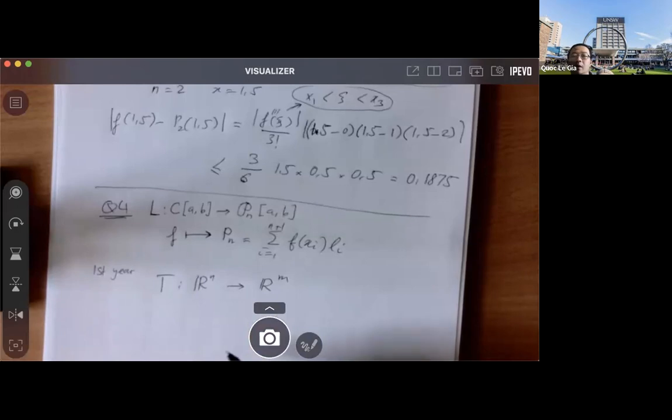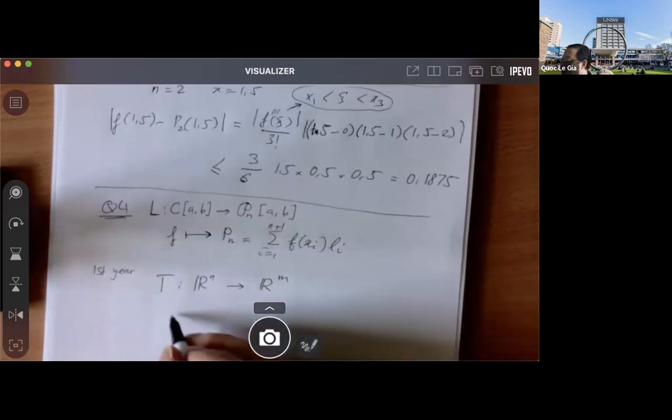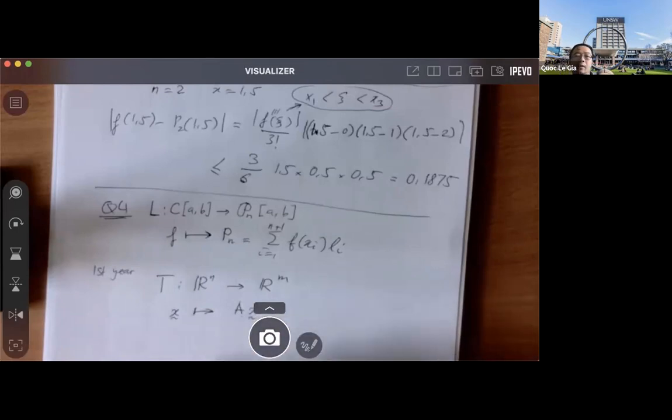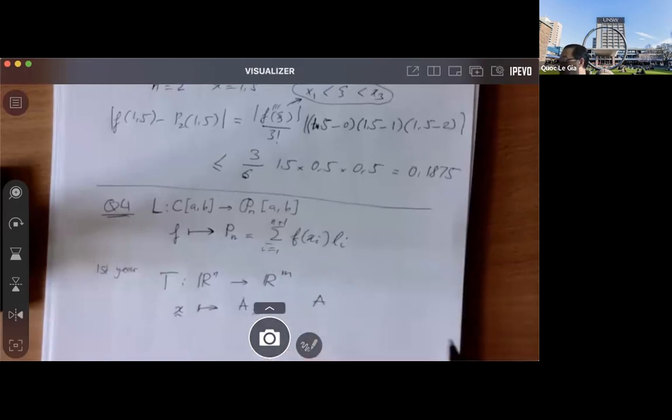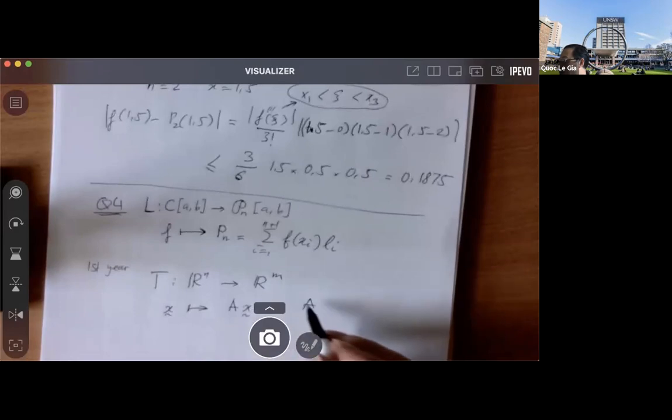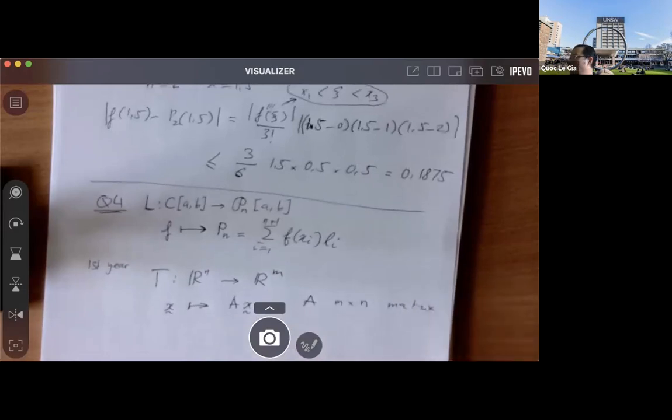Then you take a vector x and map it to another vector by multiplying by x, something like this. So A is the matrix, just an m by n matrix.